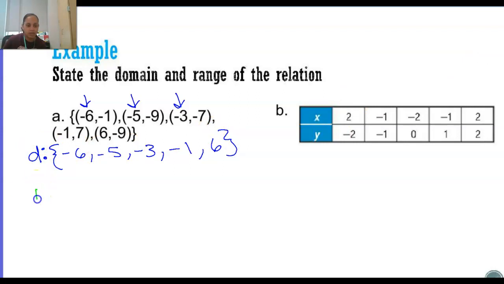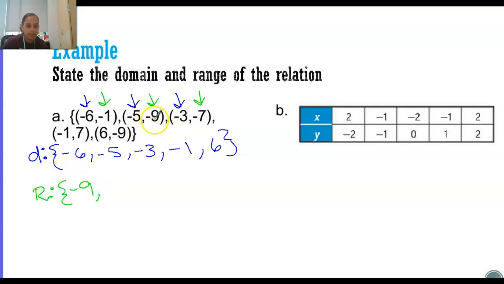For my range, I'm going to put all the Y values of these coordinates. And again, I need to make sure to put them in order from smallest to largest. Just because the X's were already in order does not mean that the Y values will automatically be in order. My smallest Y value is -9.